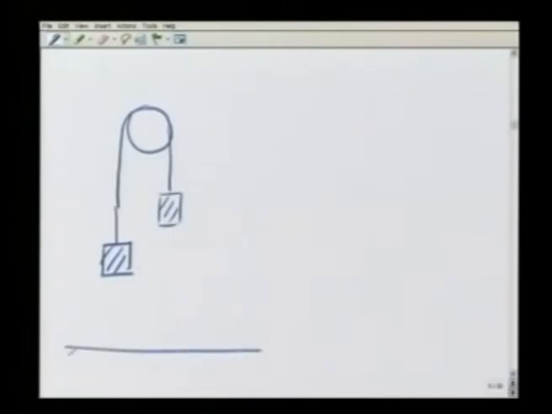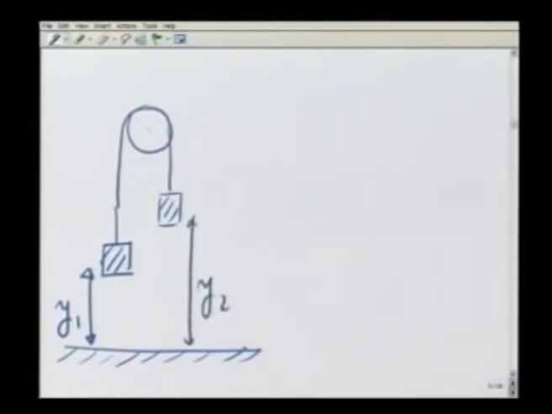Let this be the ground. Let the distance of mass m1 be y1 from here. Let the distance of mass m2 be y2 from here. Let the center of this fixed pulley be at height h from the ground.